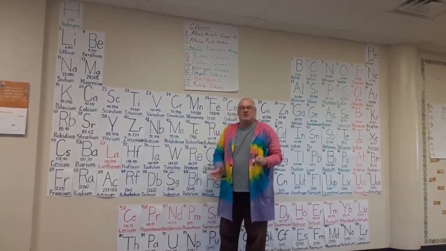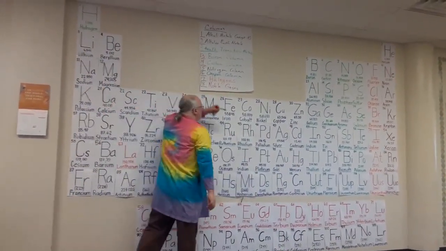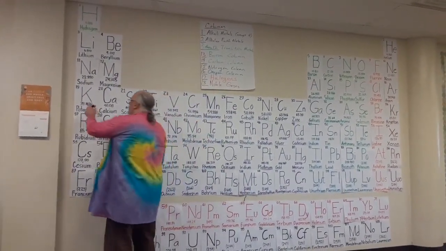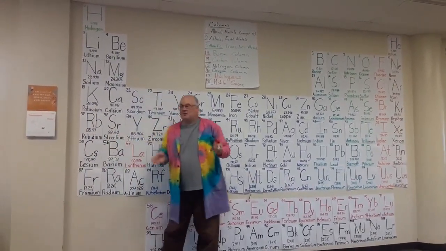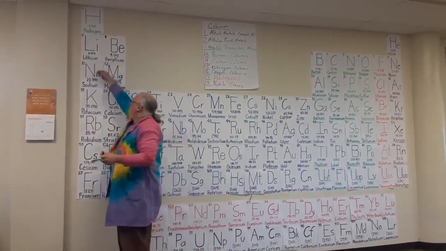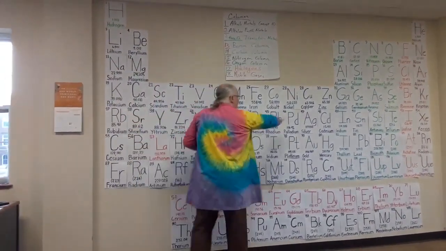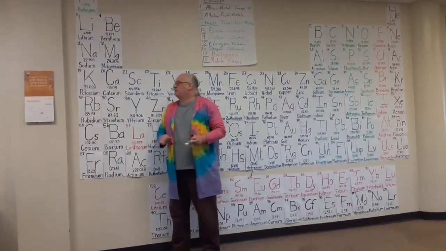If you drew them out, they would have 2 shells. Sodium and on over to argon, if you drew them out, they would have 3 shells. Potassium on over to krypton, if you drew it out, they would have 4 shells. Rubidium all the way over to xenon, that would have 5 shells.